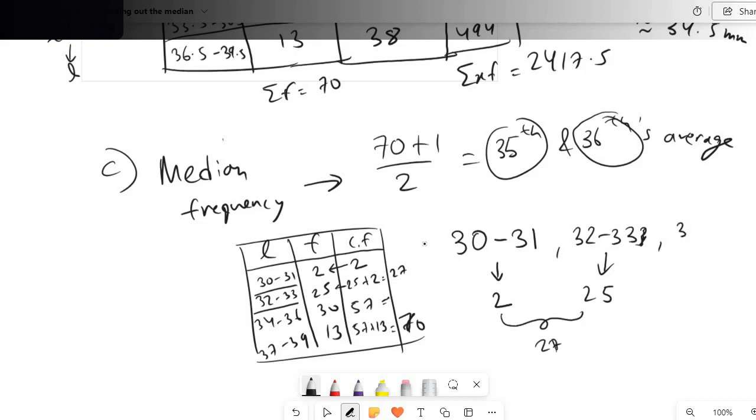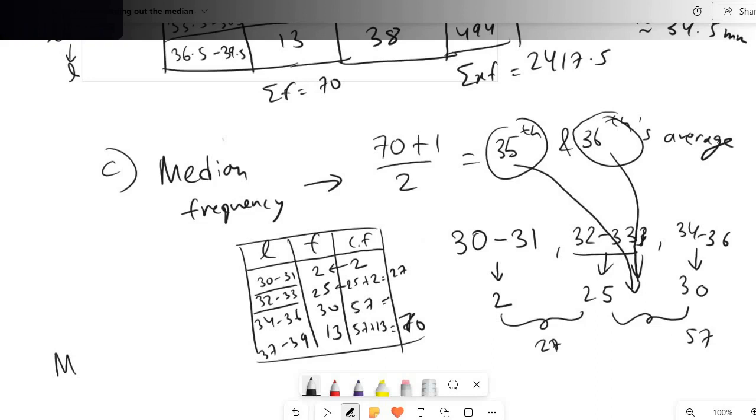After that, we have the class of 34 to 36, which had a frequency of 30. This means that after the 27 terms, there were an additional 30 terms. So the total is 57, meaning that the 35th and 36th terms must lie right after 32 to 33. So the median class is going to be within the 34 to 36 class. And this is our answer.